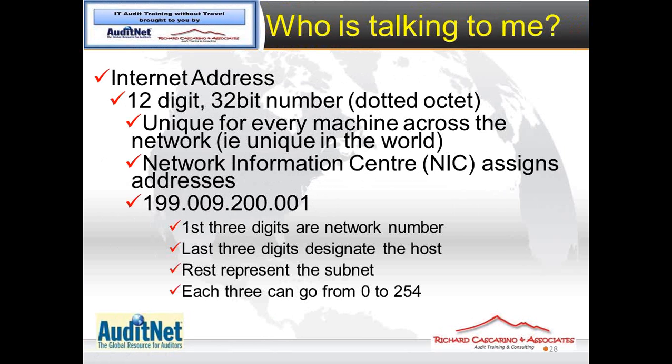And you get the addresses from the Network Information Center, NIC. They assign the addresses. First 3 digits is your network number. The last 3 digits are the host on the network. And all of the other ones represent the subnets. And each 3 can count from 0 to 254.